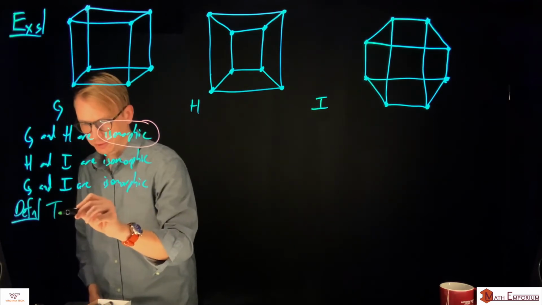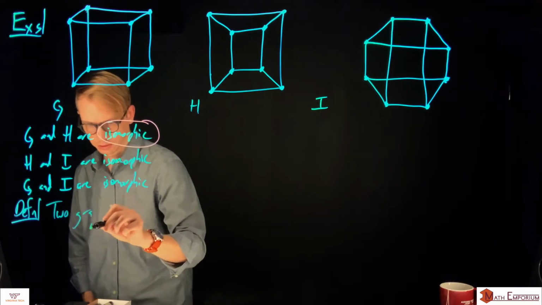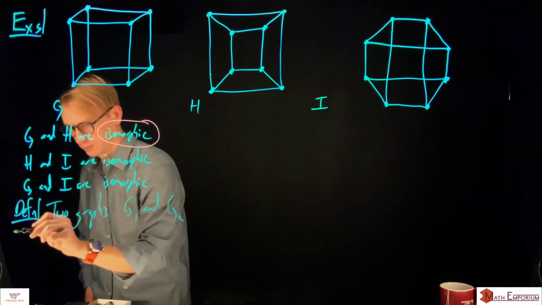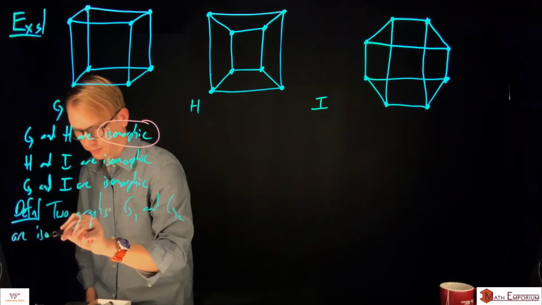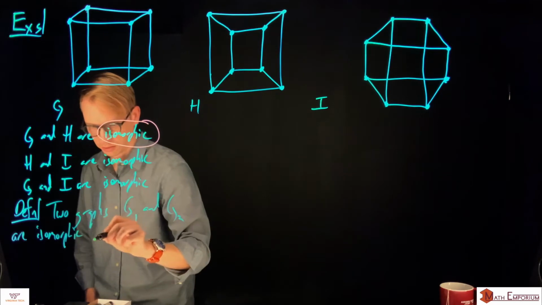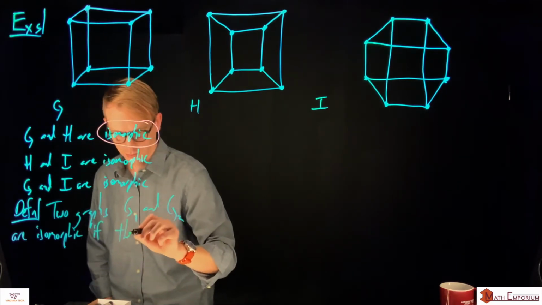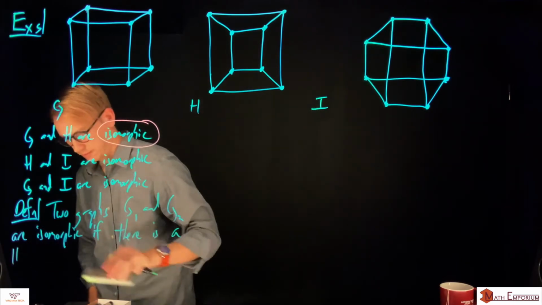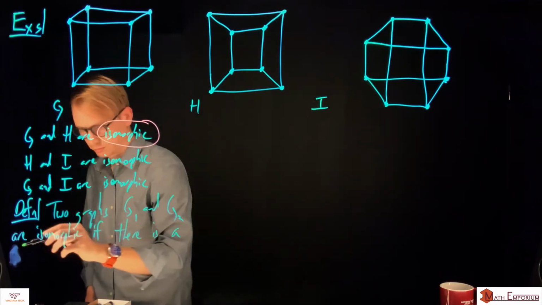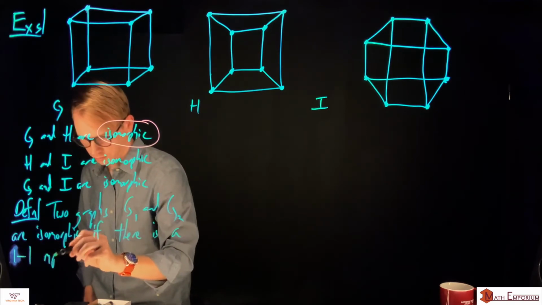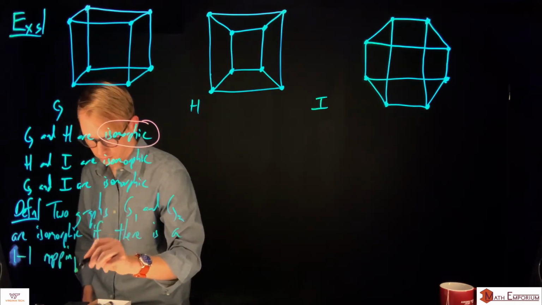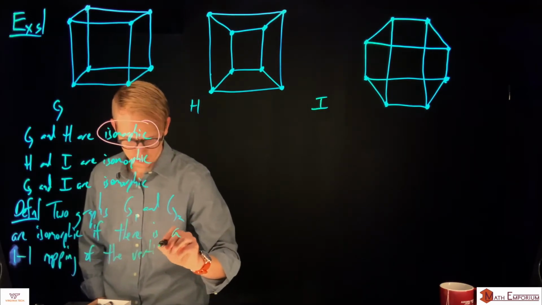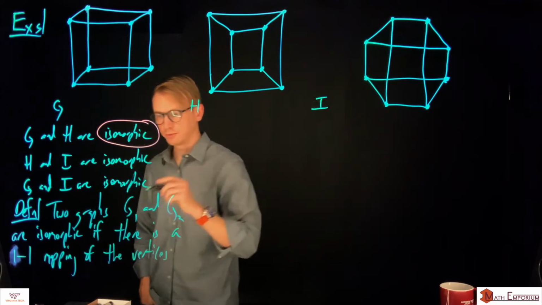Alright, so 2 graphs, G1 and G2, are isomorphic if there is a 1-to-1 mapping of the vertices that preserves adjacency.